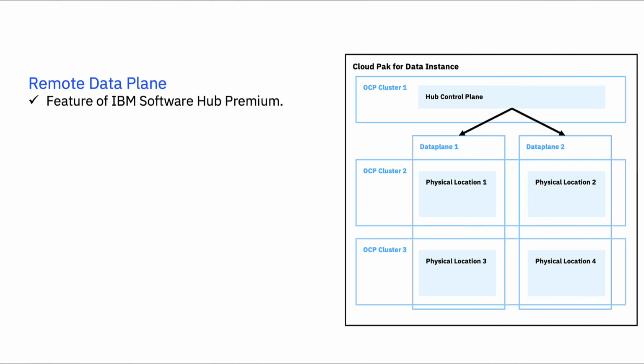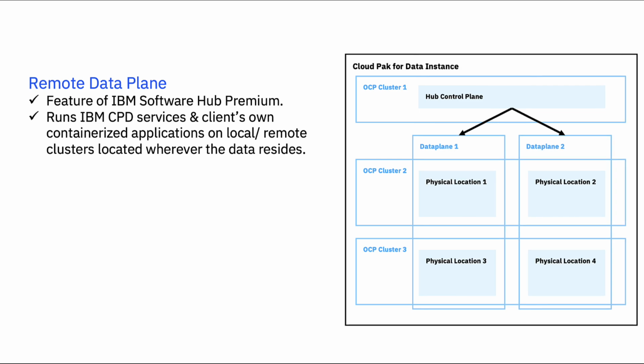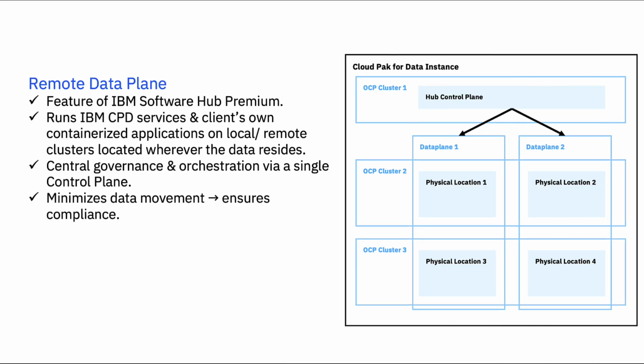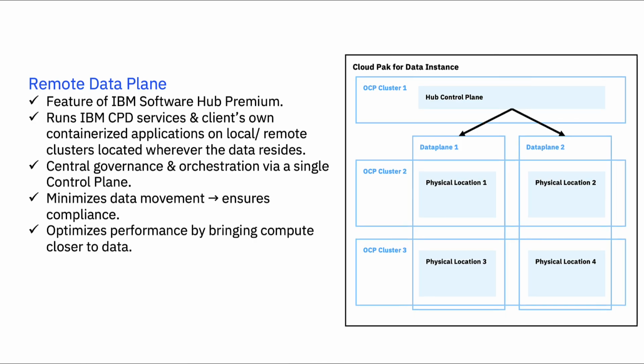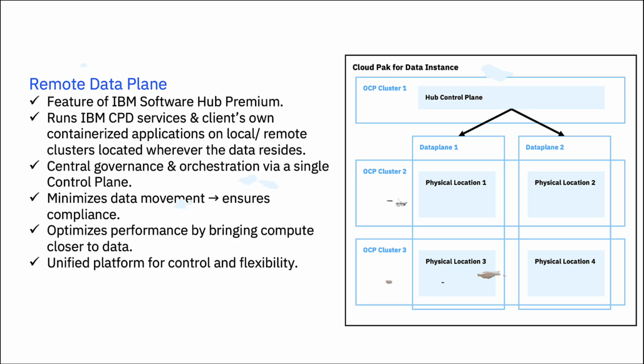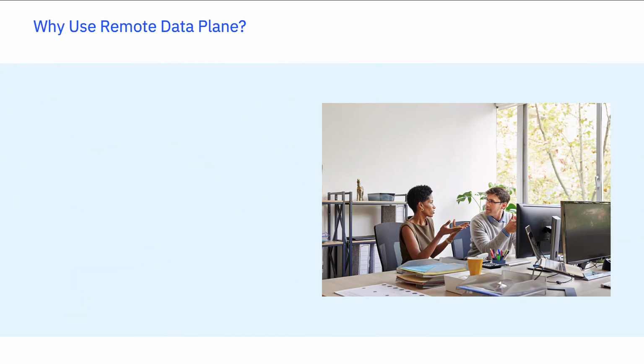Remote Data Plane is a feature in IBM Software Hub Premium that enables organizations to run IBM Cloud Pak for Data services and clients' own containerized applications on local or remote clusters located wherever the data resides, while being centrally governed and orchestrated through a single control plane. This approach minimizes data movement, ensures compliance, and optimizes performance by bringing compute closer to the data, all under one unified platform.